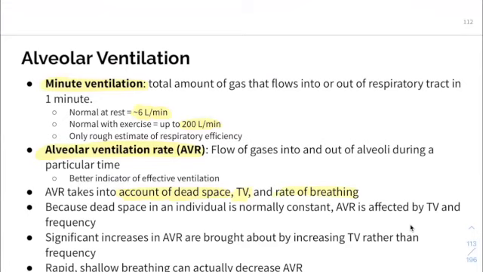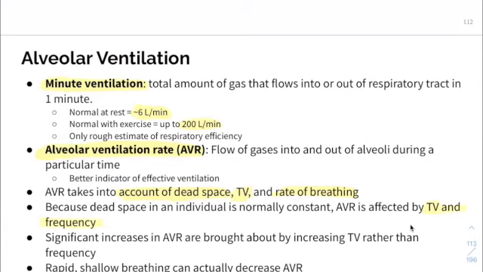It's pretty consistent no matter how forcefully we inhale or exhale. So that alveolar ventilation rate gets affected by the tidal volume and the frequency of your breathing. How frequently are you breathing in and out?